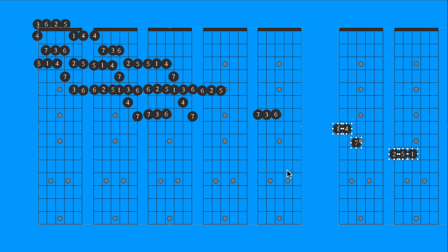Let's bring, oops, 2, 5, 1 over here. 2 goes there. Now that's a perfect fourth because it's the B string, and that's the 1.